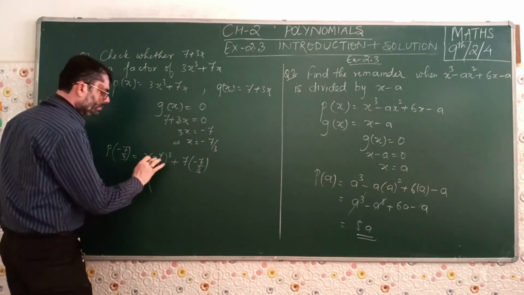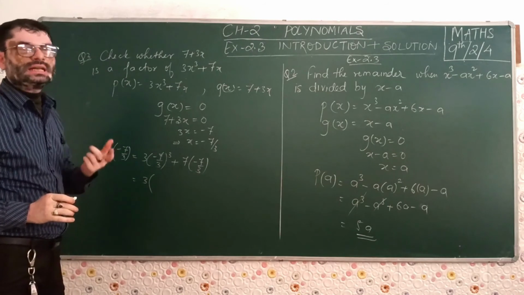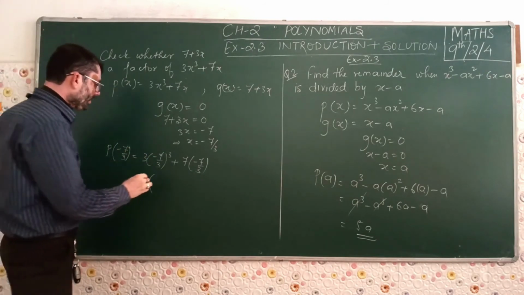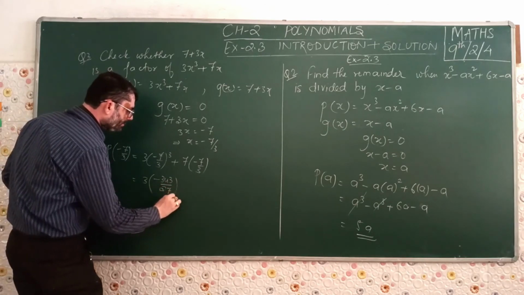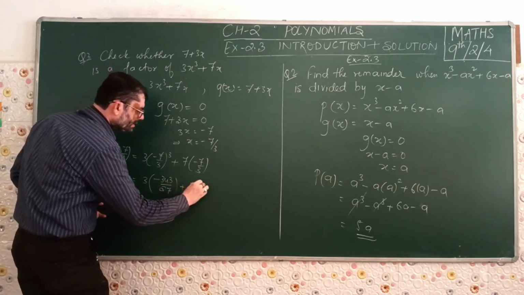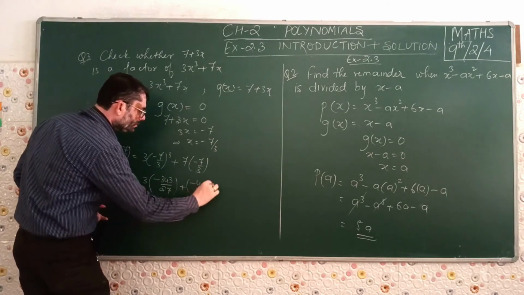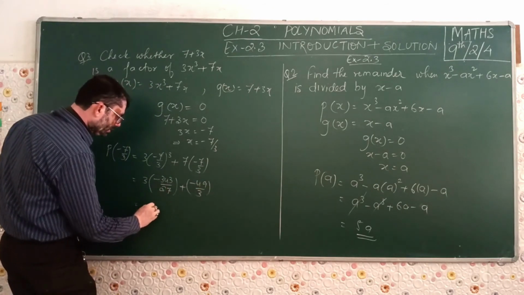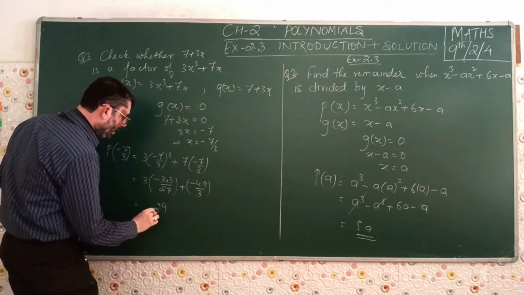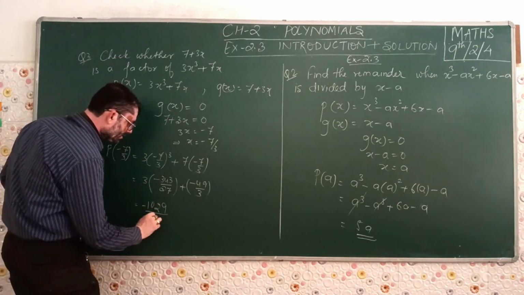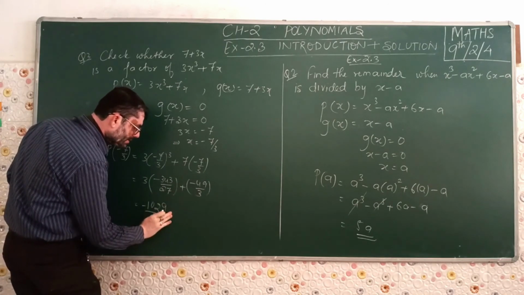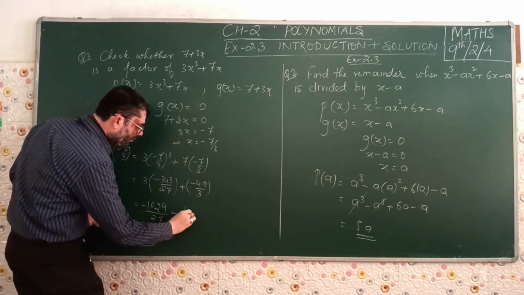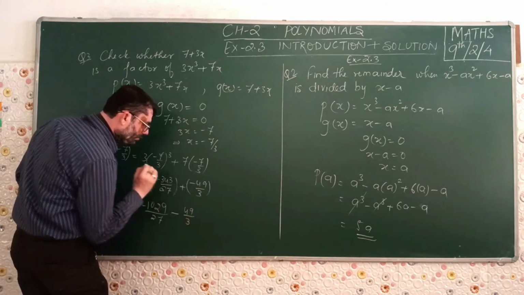So 3 into minus 7 cubed, that is 343 by 27, this is minus 343 by 27 plus minus 49 by 3. So let us multiply by 3 here also: minus 1029 by 27, plus minus 49 by 3.